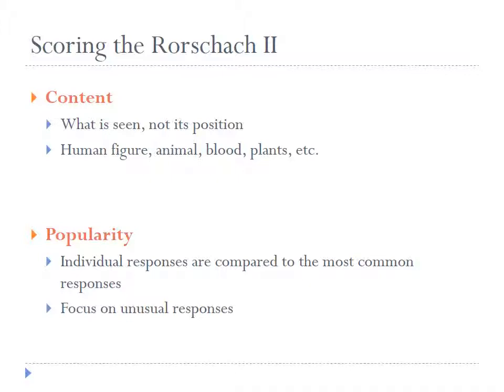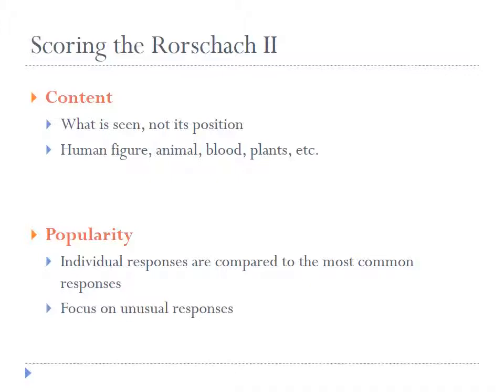And then finally, you look at popularity. With each card, clinicians are given a list of responses that have been gathered and collected over thousands and thousands of administrations of the instrument. An individual client's responses are compared to those previously gathered responses.